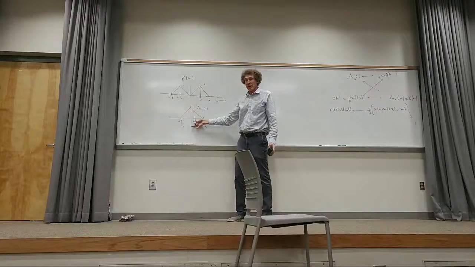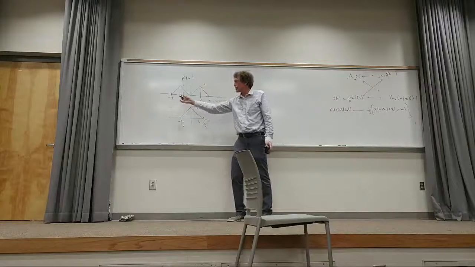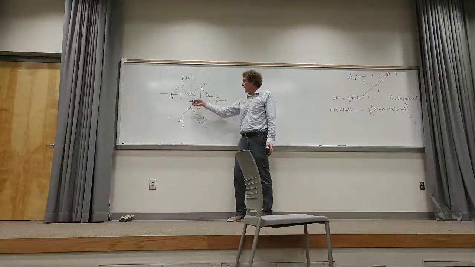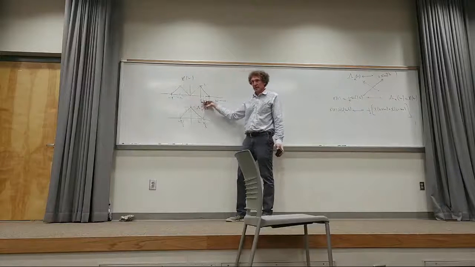Follow me? Then I could simply take whatever that time domain function was and multiply it by a cosine function, and then if the cosine function had an argument of 2t, 2 being omega naught, then it would shift it to this point and this point.